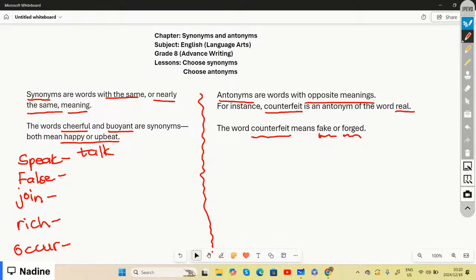If we were to find a word that's the same as or almost the same as false, what is another word for false? Something is false.